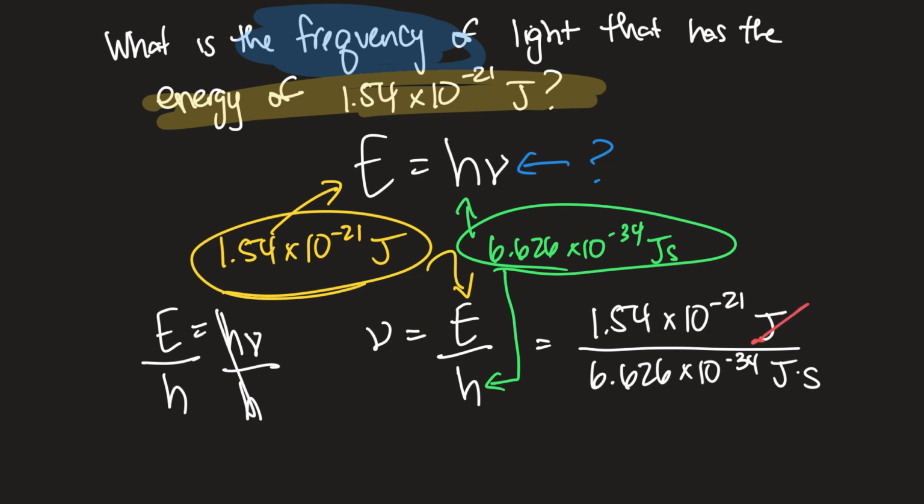We can see that joules will cancel out and our last unit will be per seconds, which is exactly what we want. Then we'll plug this into the calculator. When we do this, we will get the whopping answer, and I'm typing it in as we speak.